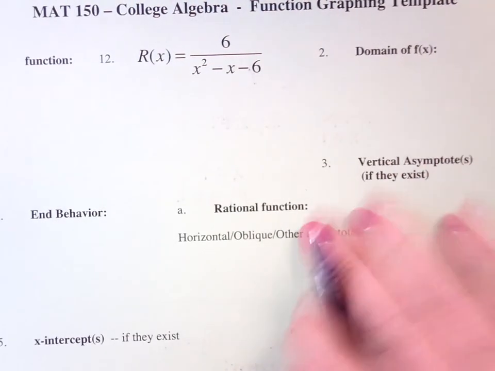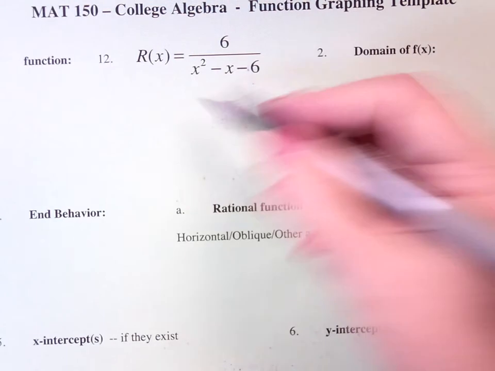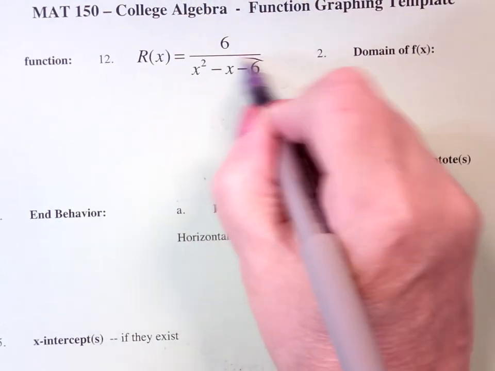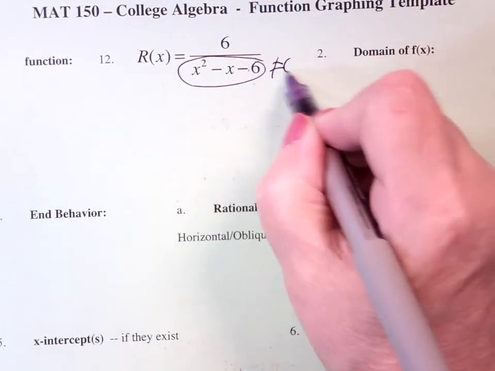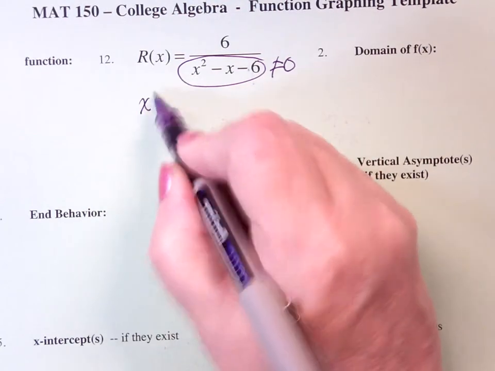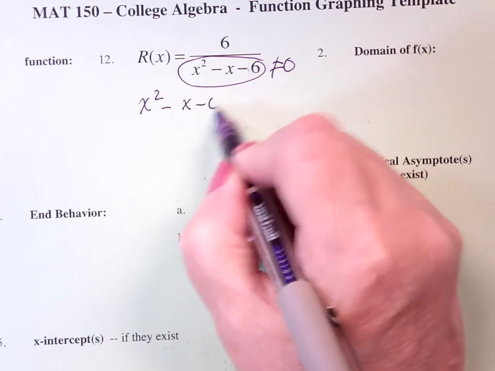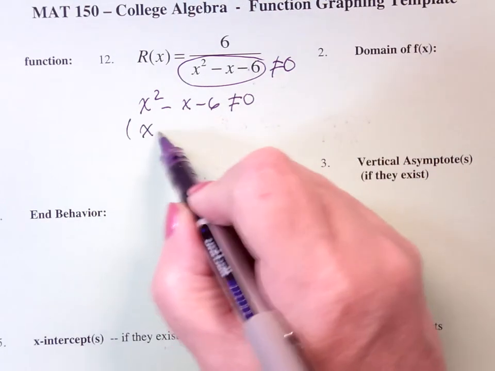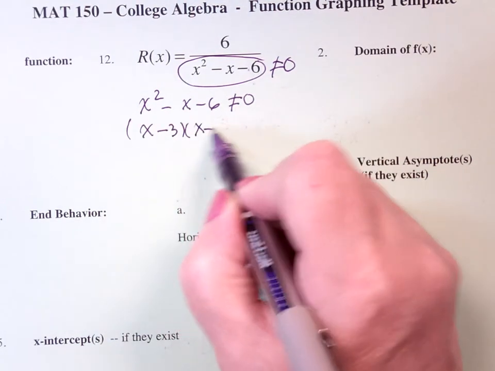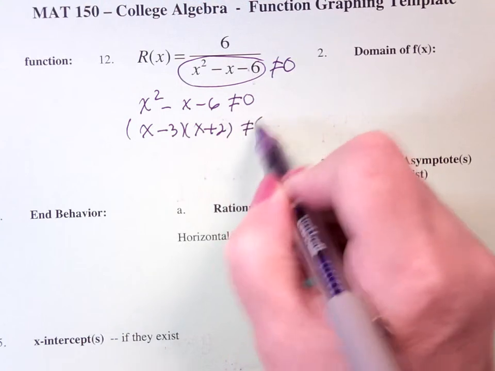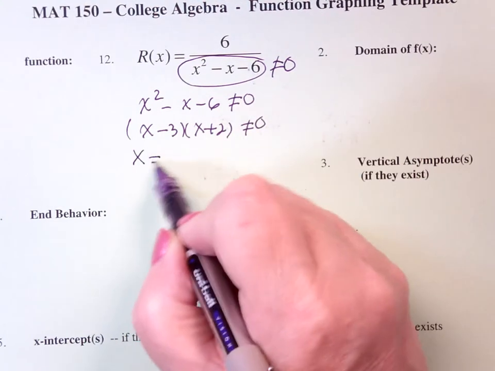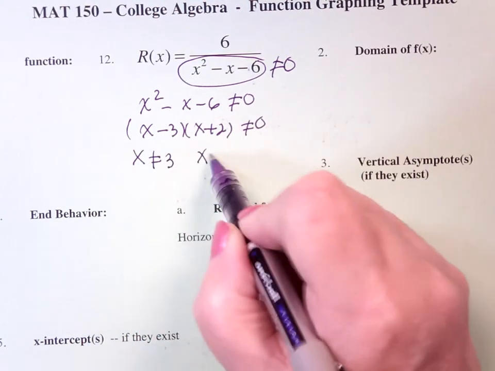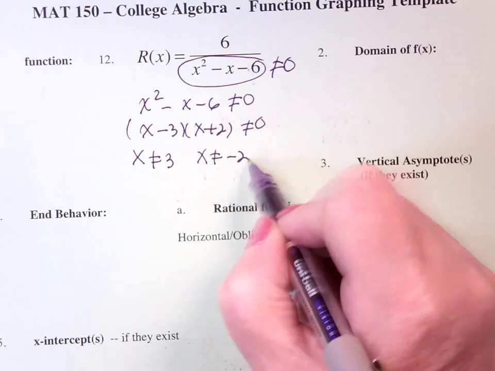The domain. Well, we know the denominator can't be 0, which means that x squared minus x minus 6 can't be 0. This is x minus 3, x plus 2 can't be 0, so x can't be 3, x can't be negative 2.